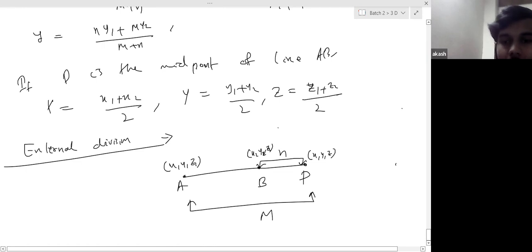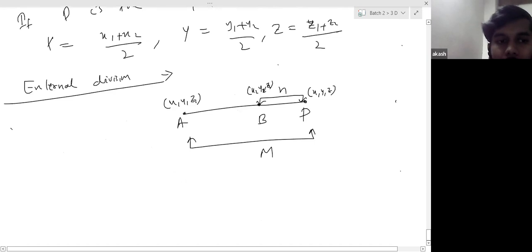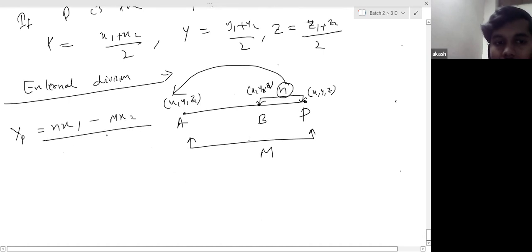So in here, X coordinate of P will be, see in here, this one into this one. All right. Always remember like this: the smaller one into the farther one. So n into x1 minus m into x2 divided by n minus m. All right. Don't reverse this.